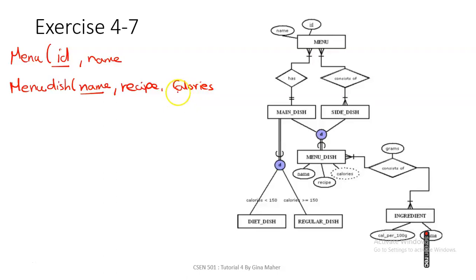So in this case we have to state any constraint that is found in this entity. So here we have to mention that this calories will be derived or calculated.